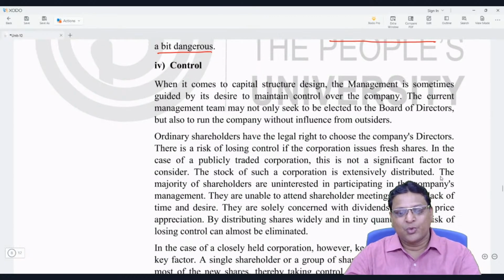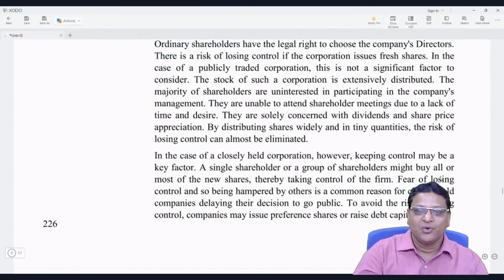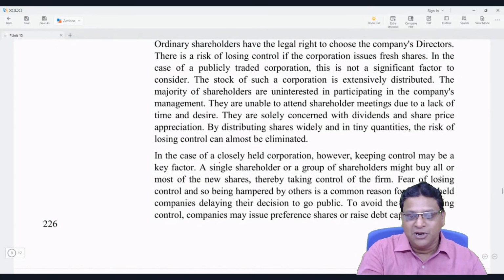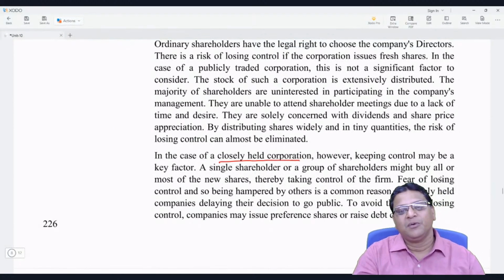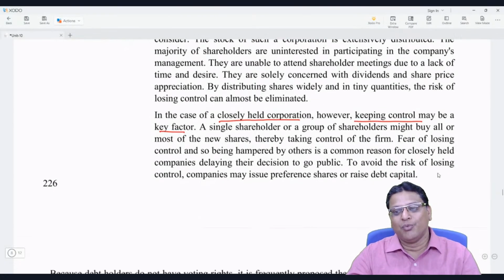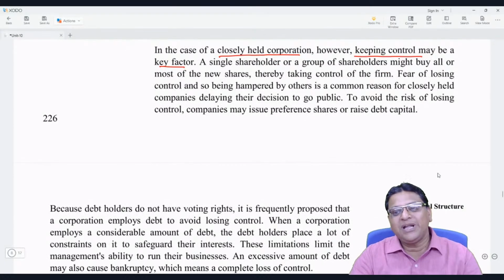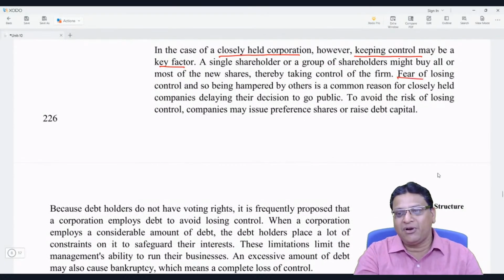So in case of closely held corporations, what is a closely held corporation? In case of a family run business, they use more and more which capital? Debt capital to retain the control. They use less equity capital and more debt capital, because if they use more equity capital, there is a fear of losing control.